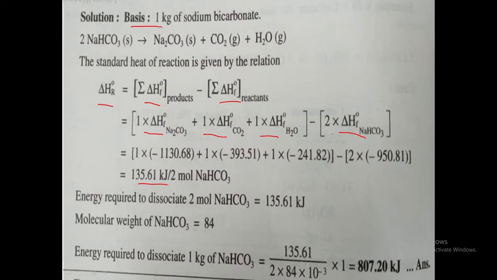We find the standard heat of reaction is 135.61 kilojoule. How much mole is dissociated? 2 moles are dissociated. This is a positive value, so the reaction is an endothermic reaction. What is endothermic? During a chemical reaction, heat is absorbed. But as per the reaction, 2 moles of sodium bicarbonate are dissociated with a standard heat of reaction of 135.61. As per the problem, 1 kg of sodium bicarbonate is dissociated.